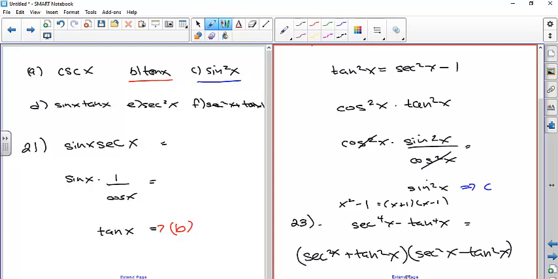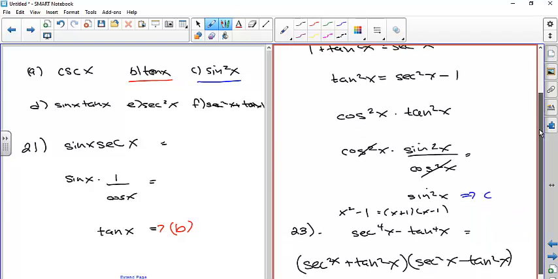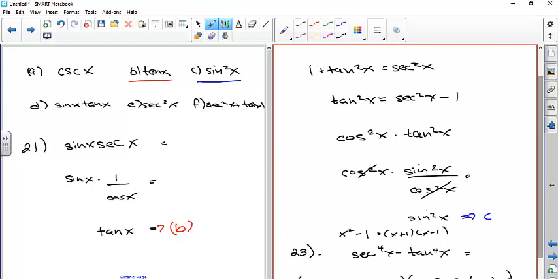So now you can see that up here we had this trigonometric identity, 1 plus tangent squared equals secant squared. I can take that same thing, and you can see secant squared minus tangent squared. So I'm going to just write it up here.